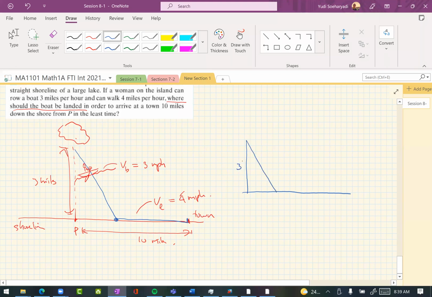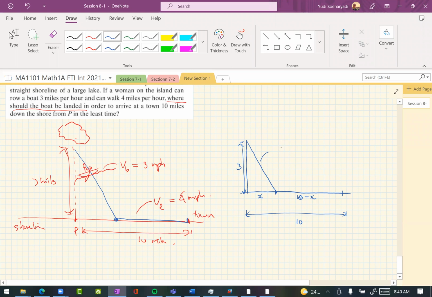So this is 3. The whole thing is 10. So for example, land here, say this is x, and the rest is 10 minus x. So what should be the distance here?